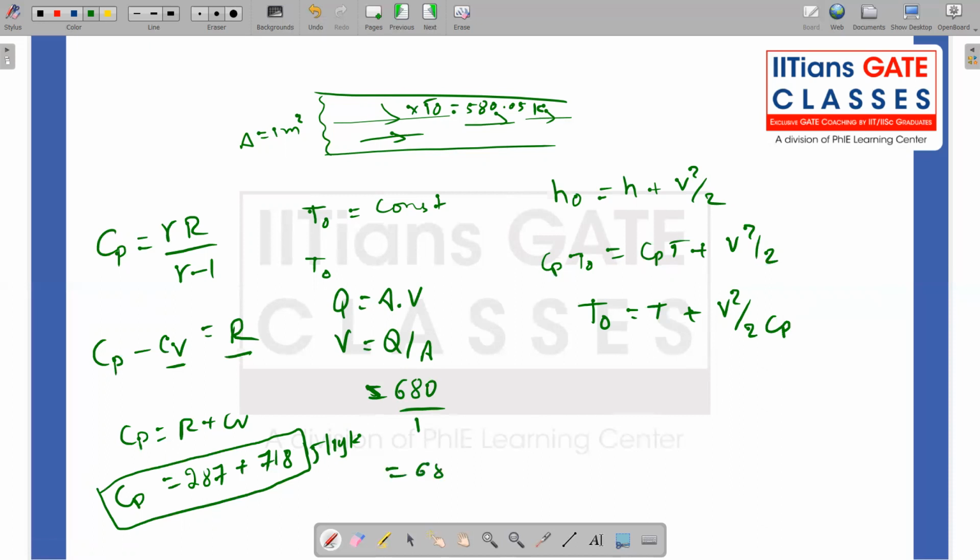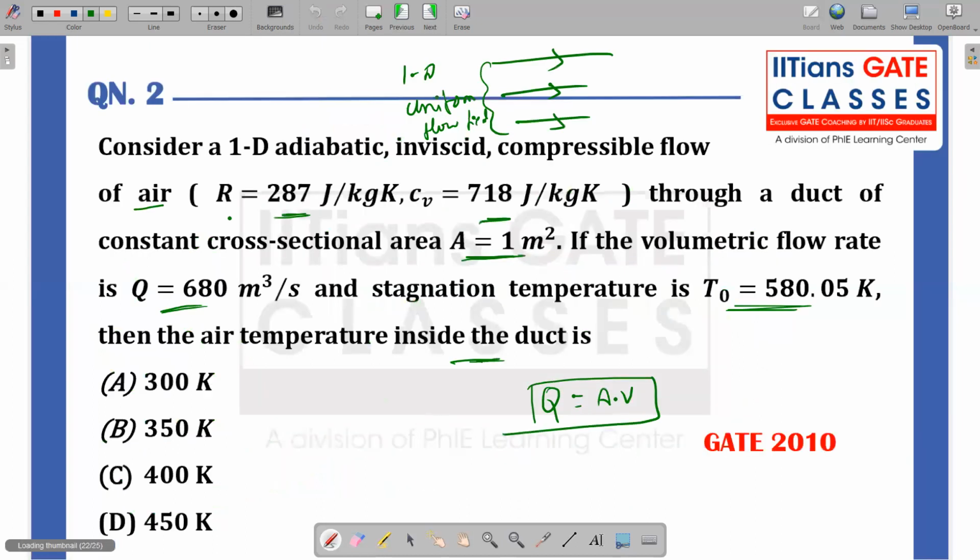So that gives me 680 meter per second for velocity V. So now T is nothing but T naught minus V square divided by 2 Cp, and T comes out to be 350 Kelvin.